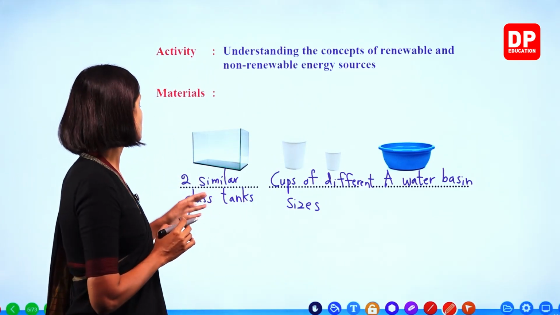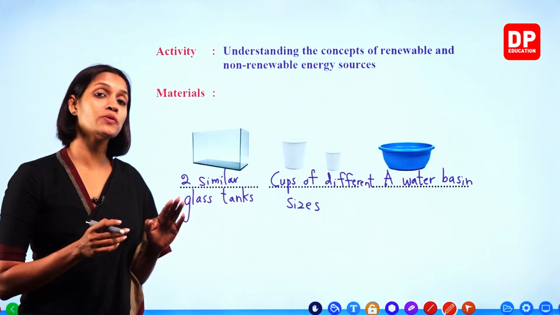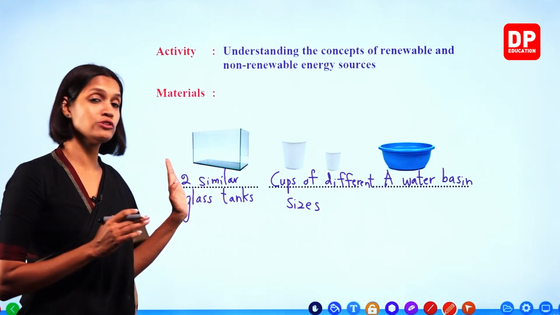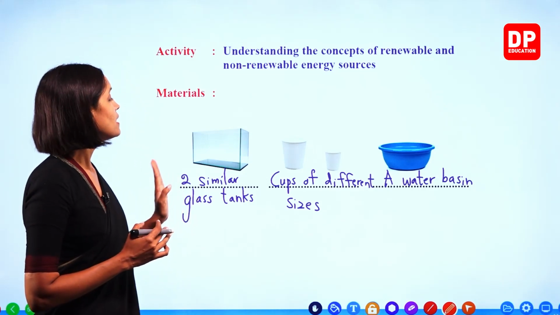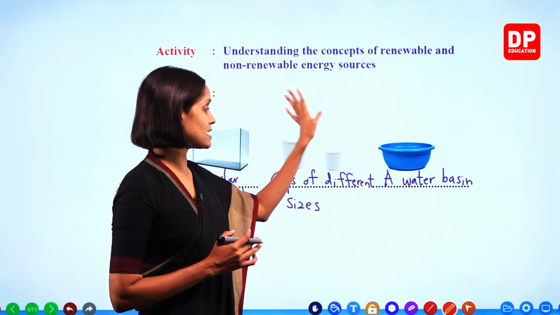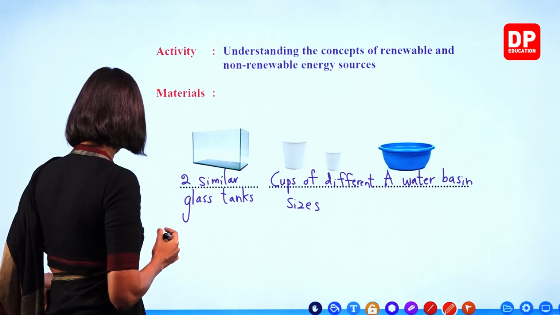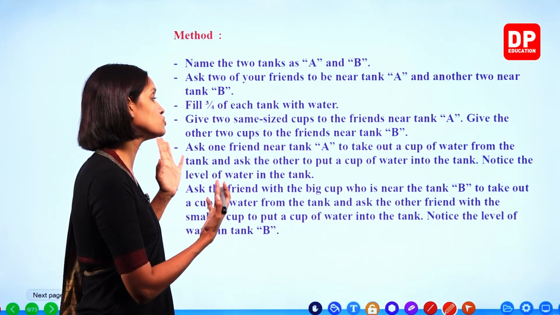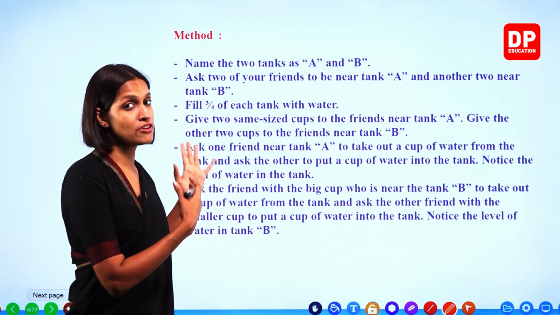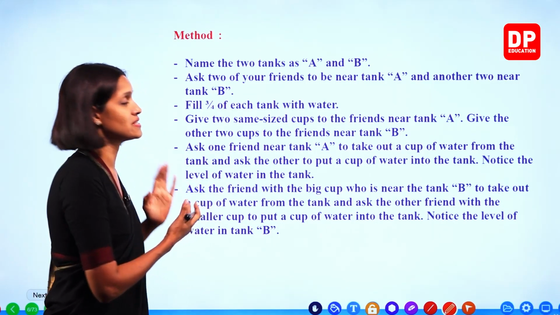Right, children? Two similar glass tanks. If you are doing this alone, like I'm going to show you all in the lab, just one glass tank is enough, okay? And then cups of different sizes and a water basin. So how to do this activity? Here I'm going to explain how to do it with several friends.